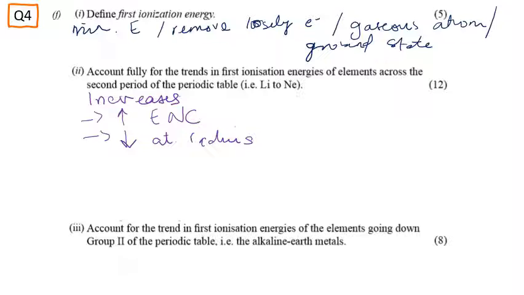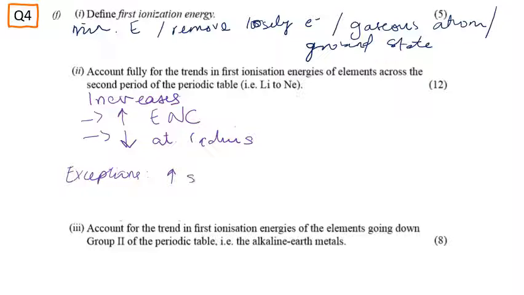And what I'm going to do here is explain the exceptions. So across period 2, we have some exceptions. Going from beryllium to boron, it decreases, and going from nitrogen to oxygen, it decreases. So we just want to explain why that is. And that's because we have increased stability.